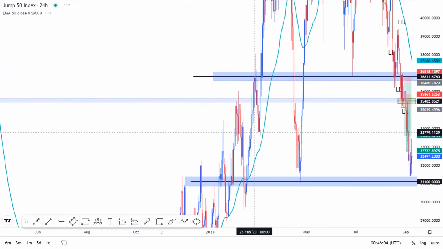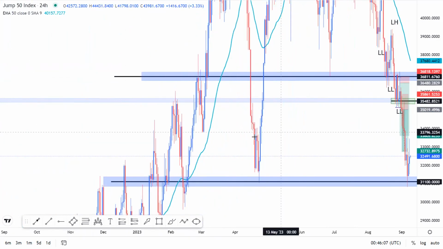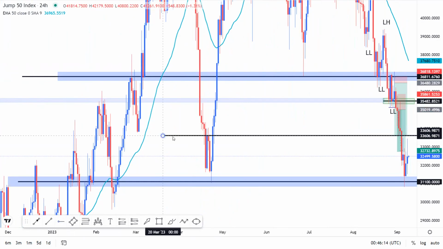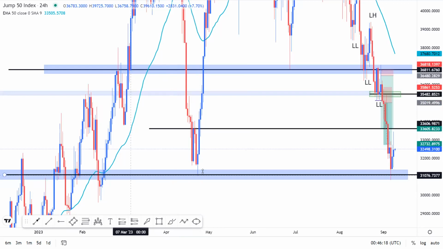And then I had my first level take profits right here. And then my overall level take profits at 3100 psychological round number.